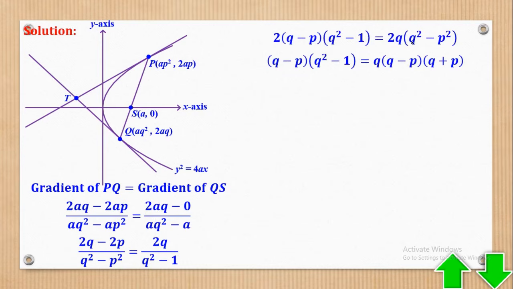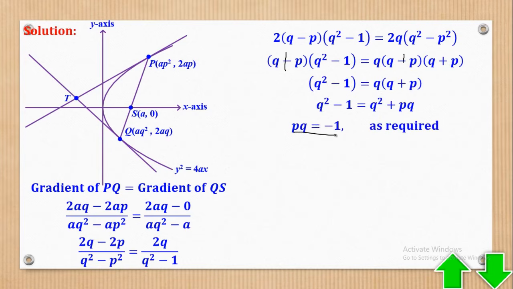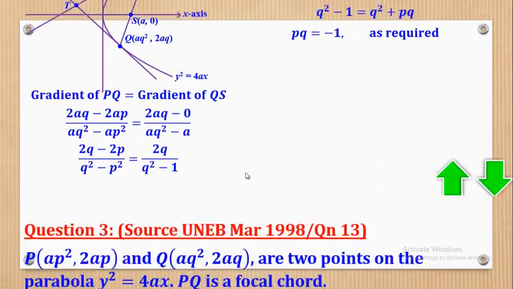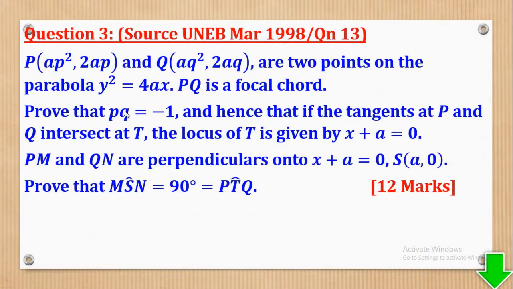From there, we realize that this is the difference of two squares, put it here. So you remain with that, because this and this can cancel. Then expand and then simplify to come up with that which was required. So we have proved that pq is equal to -1.